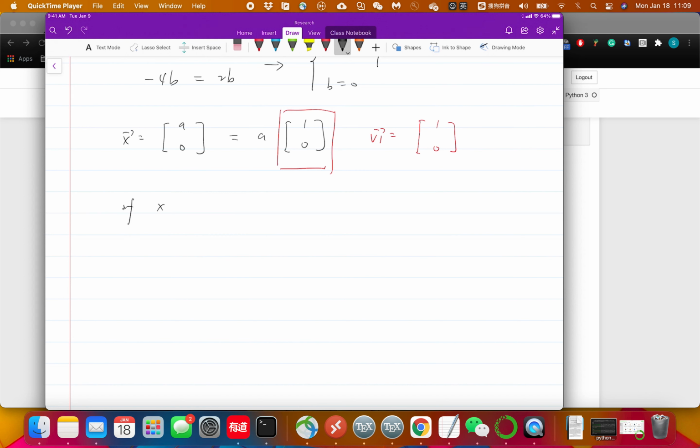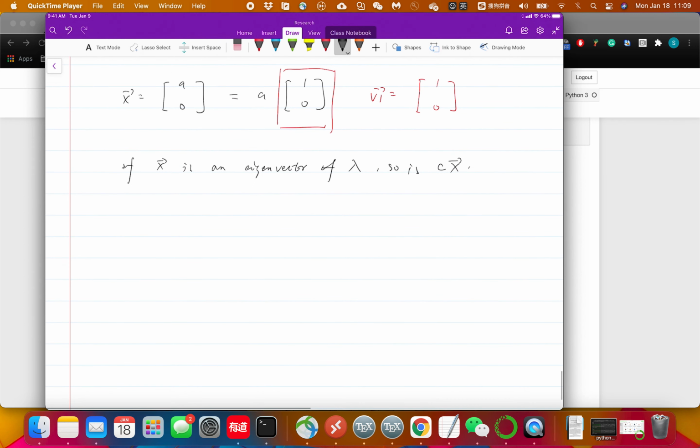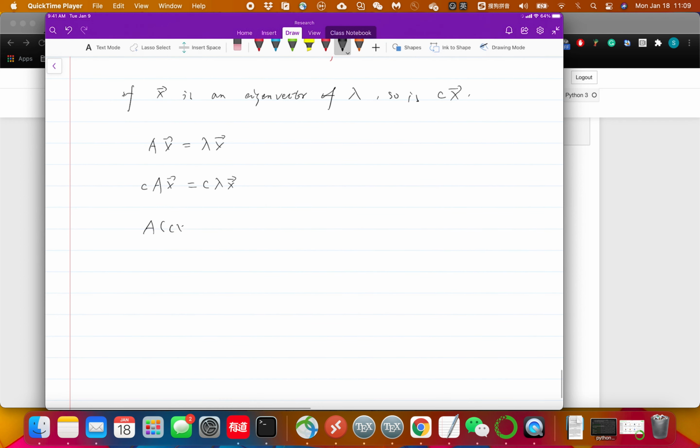If x is an eigenvector of lambda, so is a constant times x. It's very easy to do. If Ax equals lambda x, now of course cAx equals c lambda x, and you move the constant around, you have A(cx) equals lambda(cx), which means cx is also an eigenvector for the same lambda.